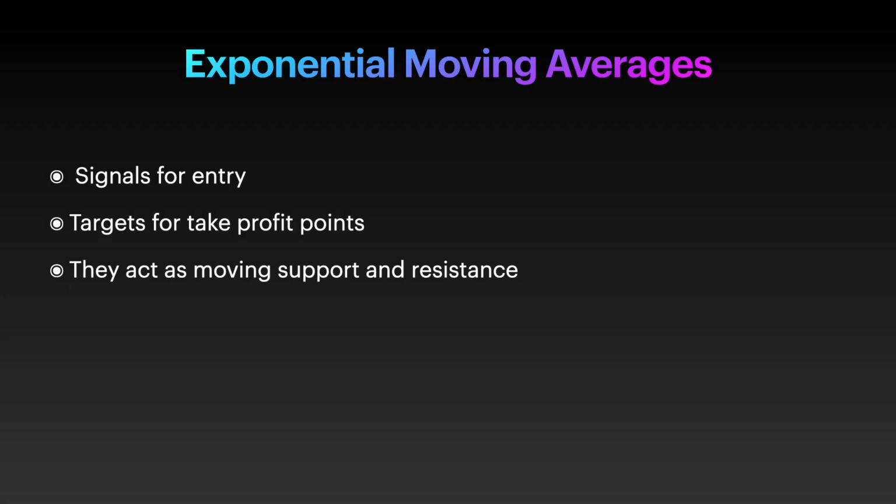Or sometimes you've seen where you're looking for a type 3 setup, and you almost get the price action to go to the middle of the range, but the 50 is right below it a little bit and it's blocking it from getting to the exact middle of the range. That's acting as support and resistance.